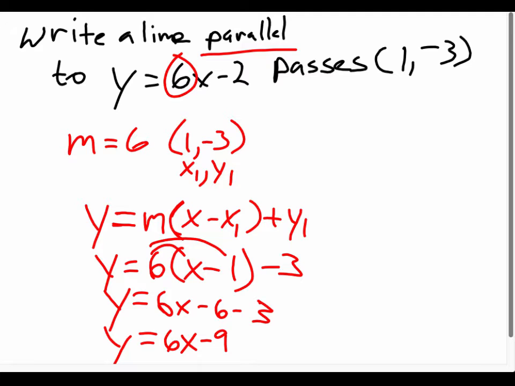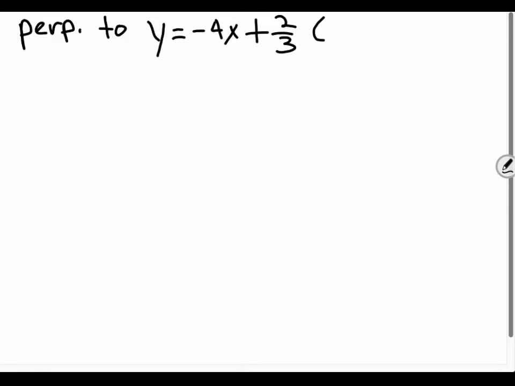Let's do a perpendicular one now. So now we want to write a perpendicular to the equation y equals -4x plus 2/3 that passes through the point 8 comma 5.